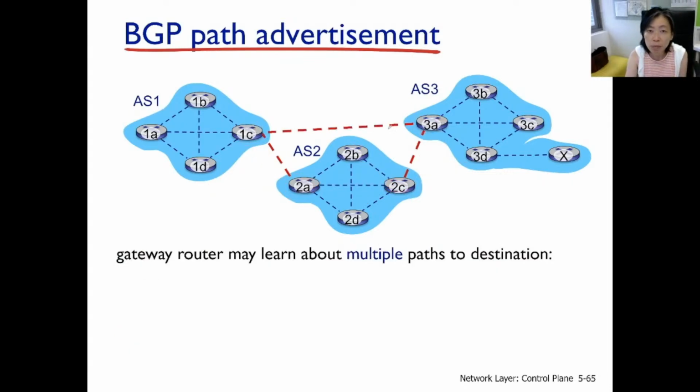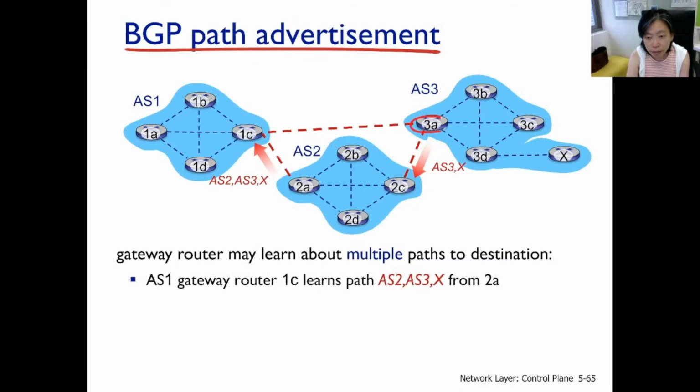Second example is a bit more realistic. So 3A here, the gateway router of AS3, might have multiple eBGP connections to outside. So in that case, a gateway router might learn multiple paths to a destination in AS3. So let's see. One of the paths is this, right?